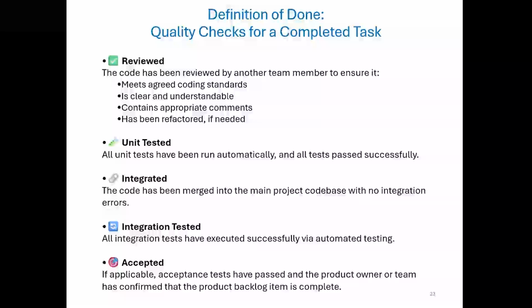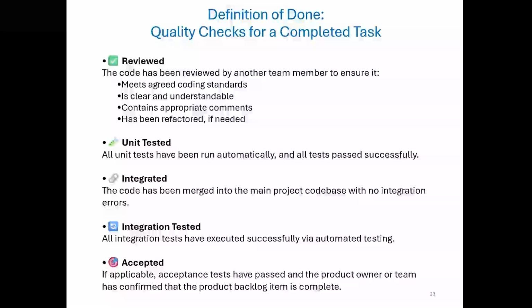After the code is reviewed and tested, it needs to be merged into the main code base. That's continuous integration in action, making sure the new work fits smoothly into the overall system without breaking anything. Once everything is merged, the integration tests run. These are broader tests that make sure the components all work together correctly, not just on their own.